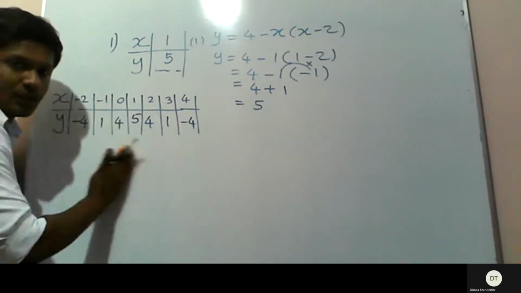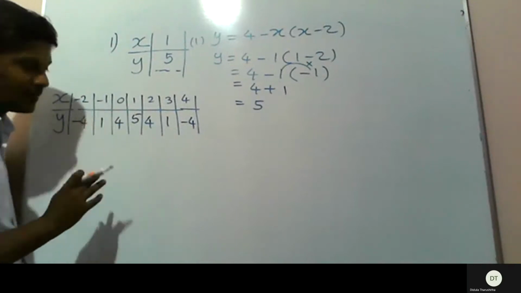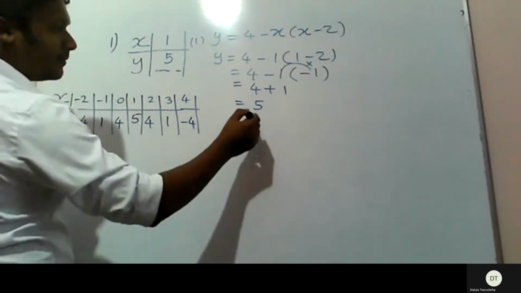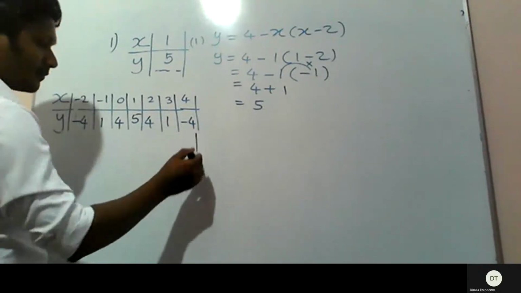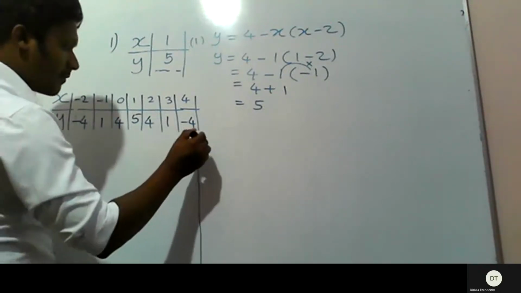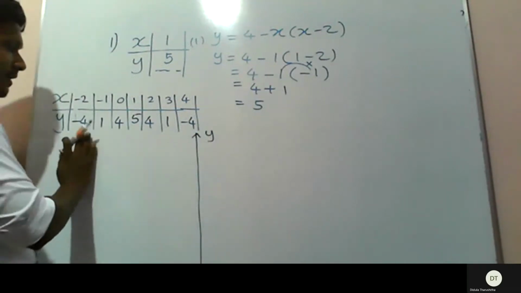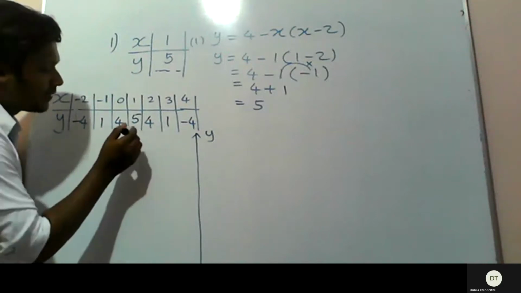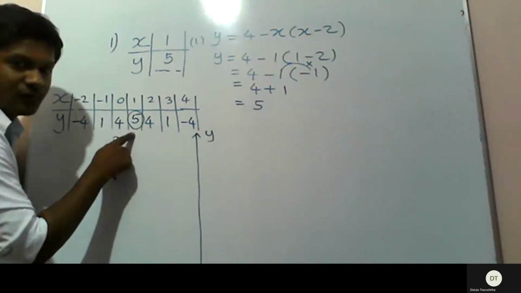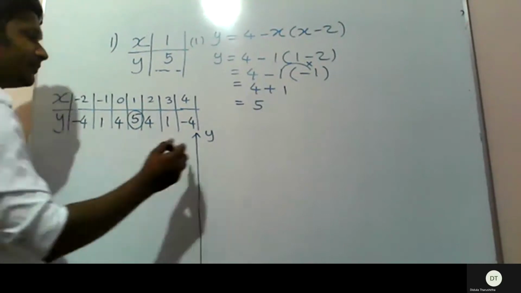Now we draw these values on the graph paper. The y values are from -4 to +5. +5 is the maximum value of y. The minimum value of y is -4.